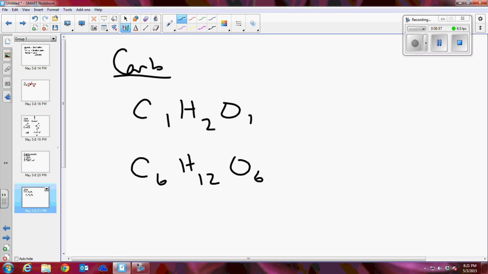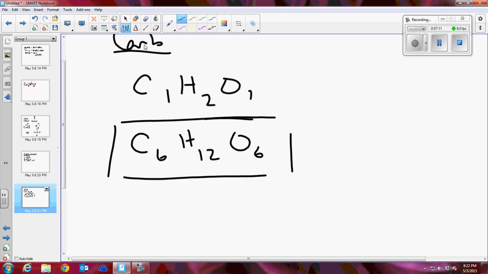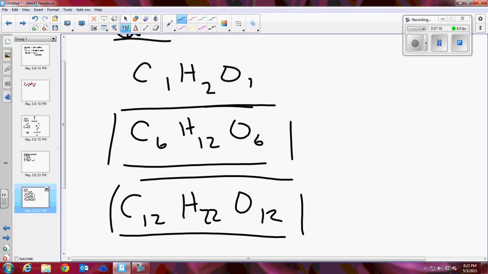There's a couple times where you can have more than one sugar. But you have monosaccharides, which is one piece, and this would be like a glucose. You can have a disaccharide, which is a two-piece, like this is one of those examples, for instance. This is sucrose. And then you can have a polysaccharide. This is where you just have more than two.